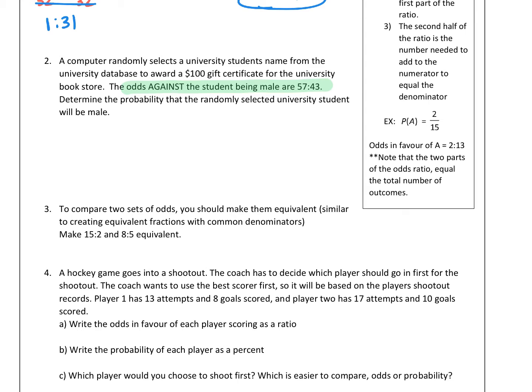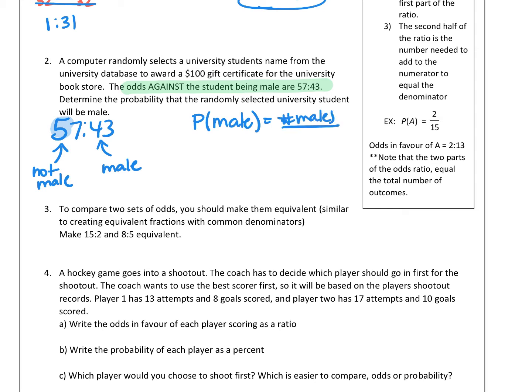If they're saying that the odds against are 57 to 43, that means that 57 is the not males, because it's odds against, and 43 is the males. So determine the probability that they will be male. The probability that you will be male is the number of favorable out of the total number.